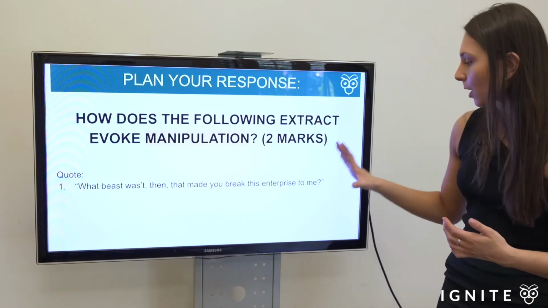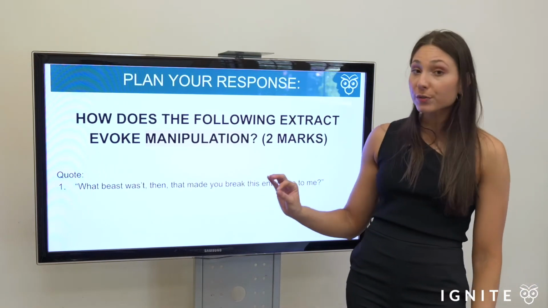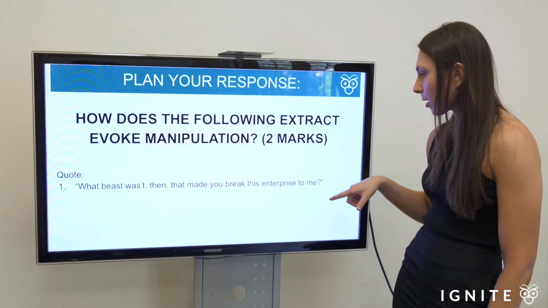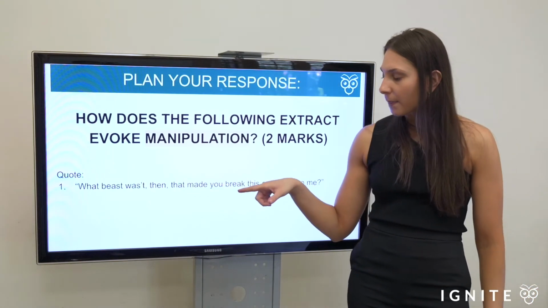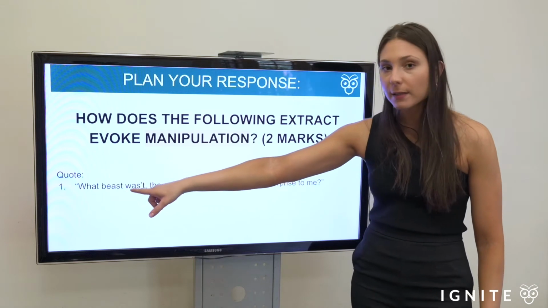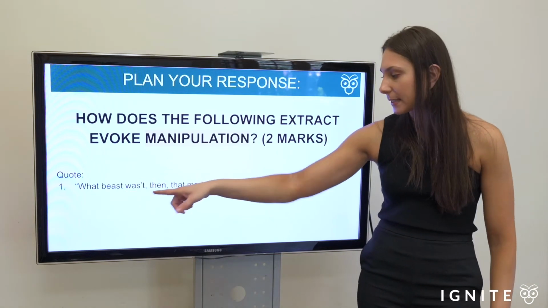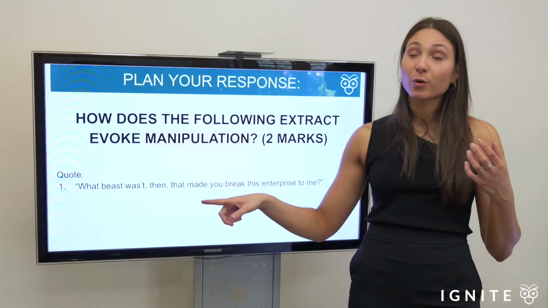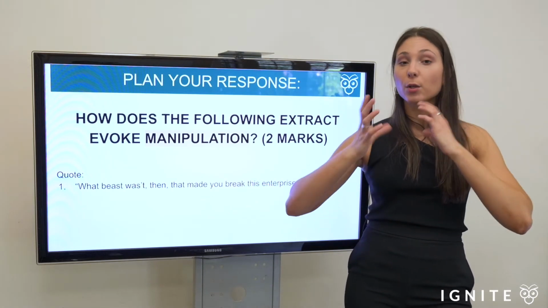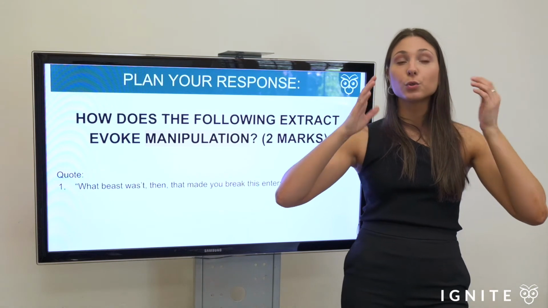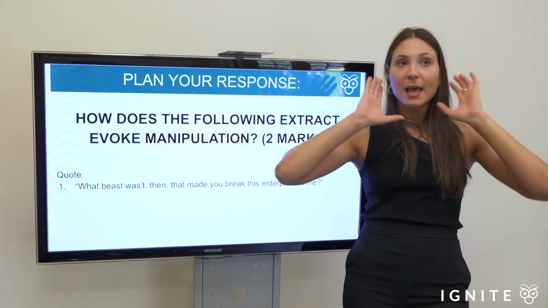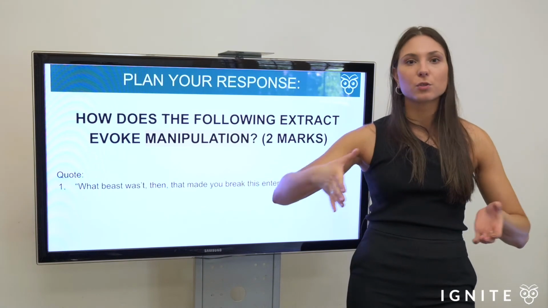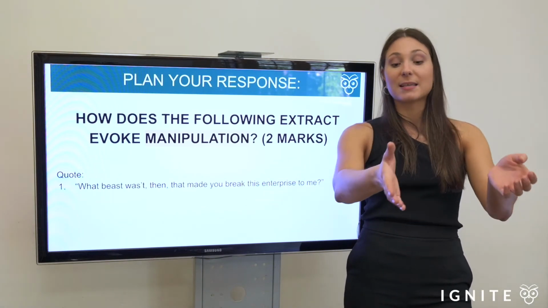But looking at this one, I've chosen to go with the quote, "What beast was it then that made you break this enterprise to me?" And looking at that quote, I love the plosive alliteration, the harshness of beast and break, and the rhetorical question itself. It's rhetorical because when, through the dialogue of the play, Lady Macbeth uses "you", and there's two characters on the stage, because she is the speaker, we as audience members are inherently positioned in the shoes of Macbeth, and it's as though she's speaking to us directly.